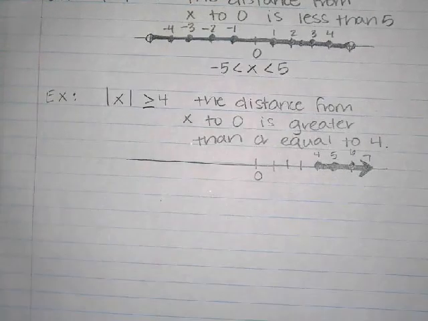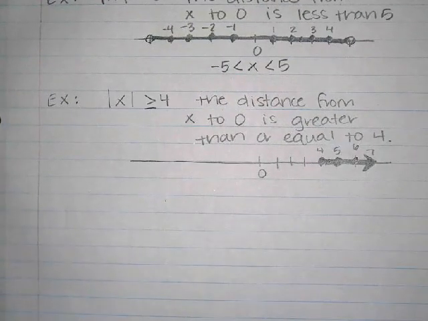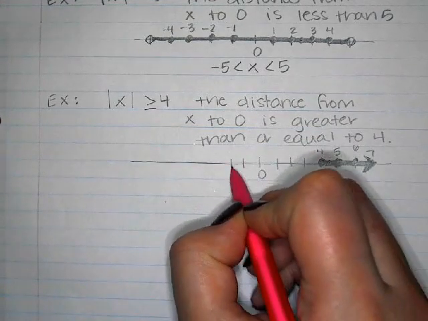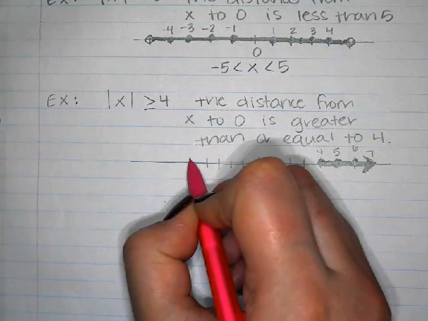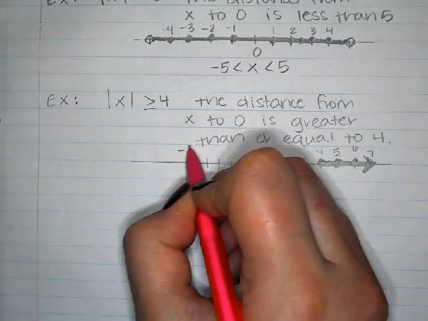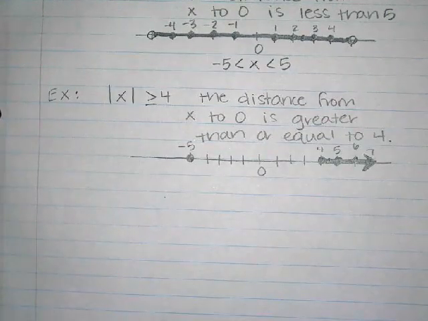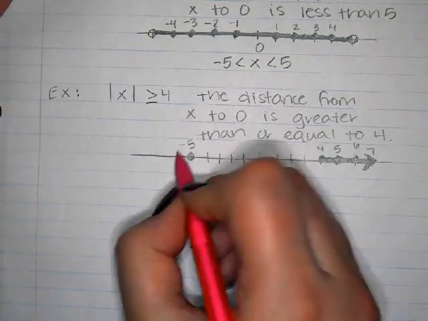Okay? What about the negative direction? What if I go to the left? What number would have a distance bigger than 4 if I was going to the left? -5. Okay, 1, 2, 3, 4, 5. So -5 would have a distance that's bigger than 4. What's another number? -6 would have a distance bigger than 4.